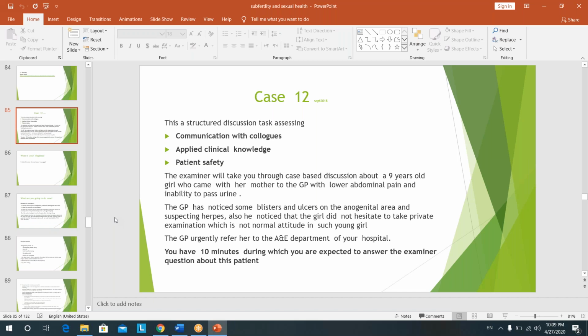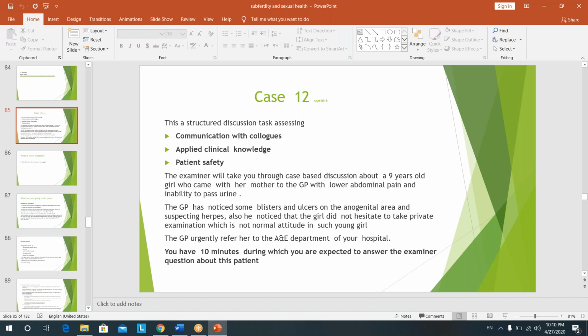Regarding the examination, I would examine her in the presence of a chaperone. First, I would ask the nurse to check her pulse, blood pressure, temperature, and I would examine her abdomen for any masses, for tenderness, whether the bladder is palpable or not. And then I would like to examine her genitalia in the presence of the chaperone.